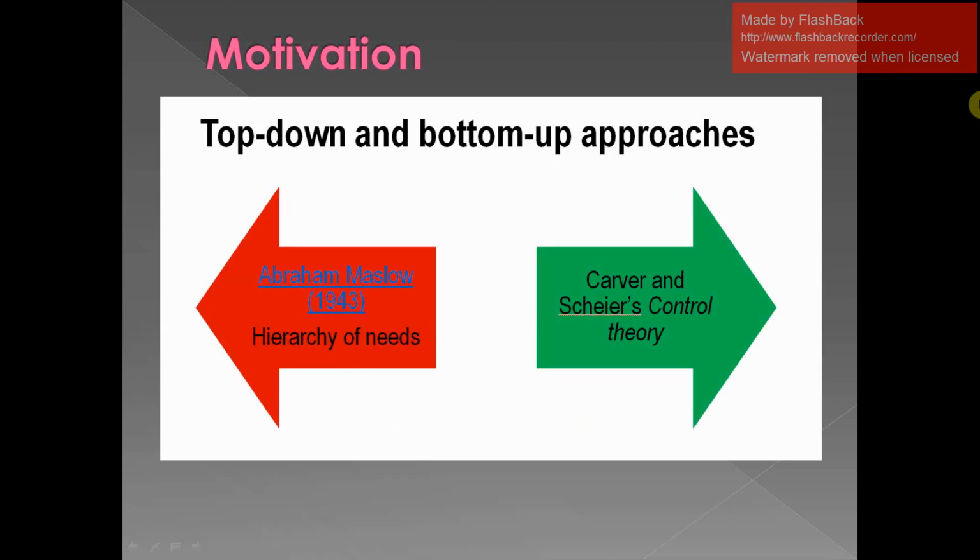Carver and Scheier's control theory is a bottom-up process. It's a model of behavior based on principles of negative feedback, behavior that is the control of perception. Maslow's hierarchy of needs is a top-down process.